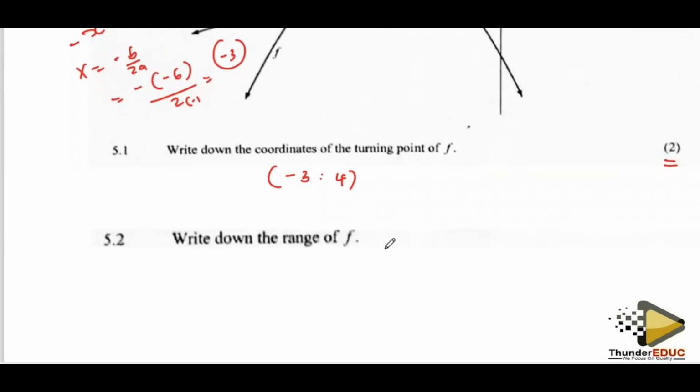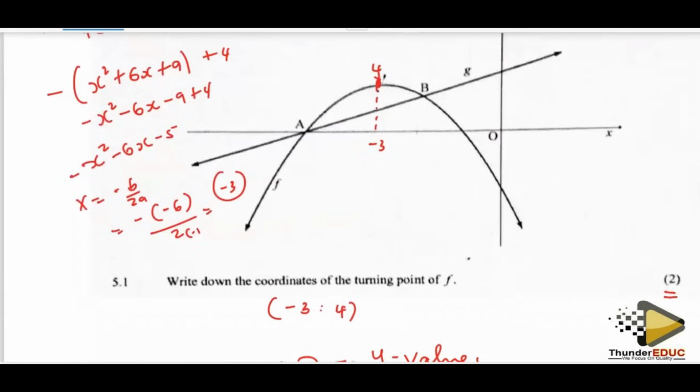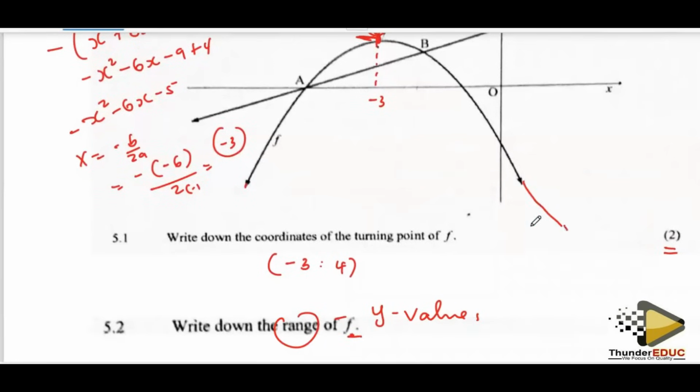Then they want us to get the range. Range represents the y values for which f is valid, the y values that cover the graph of f. So this is our f, and we can see that the highest point it can go is just 4. All the values below 4 are valid, because the graph can extend into negative infinity.